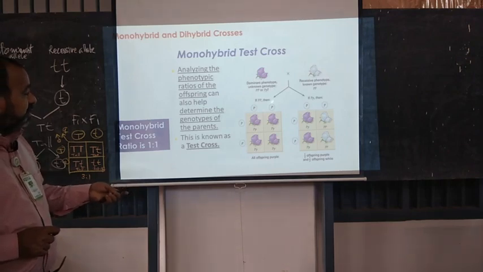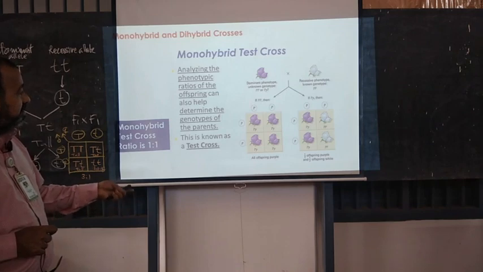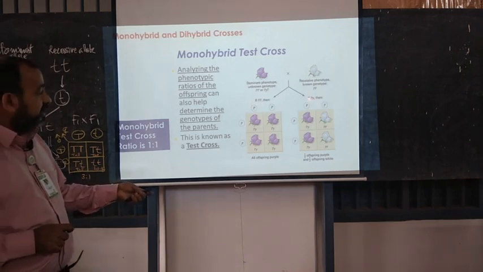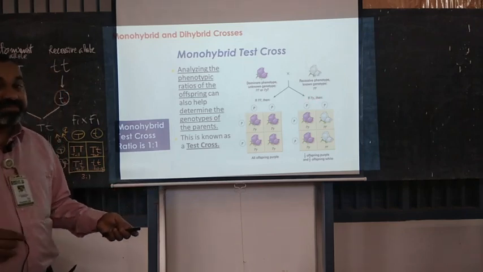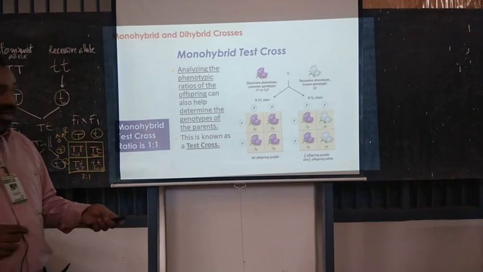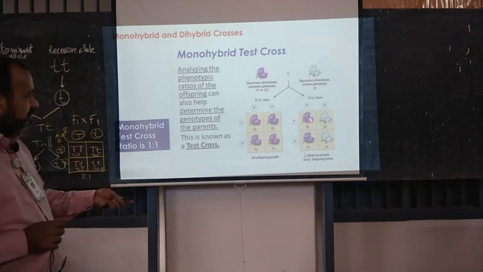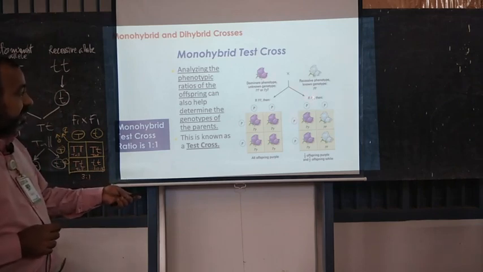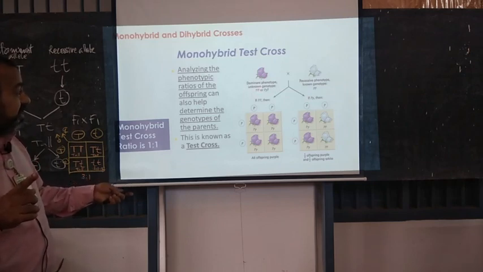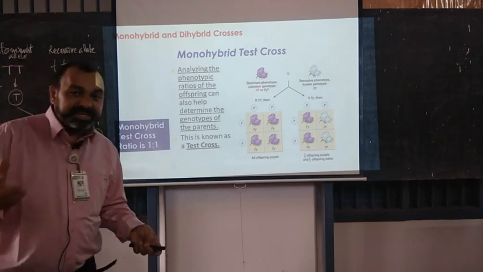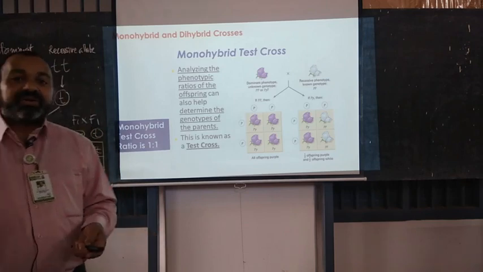The flower is purple, but the genotype is different: capital P, small p, or both capital P. We don't know whether it is homozygous or heterozygous.